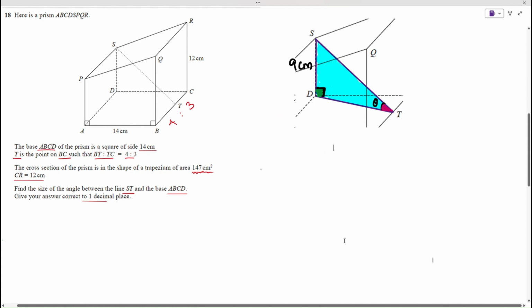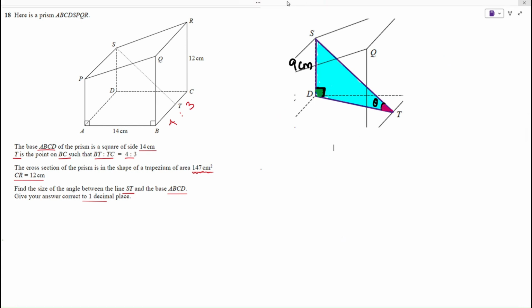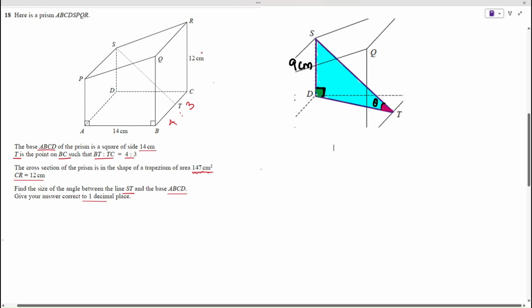So now we are on our final stage of the question where we have to find the angle between ST and our base ABCD. So the angle we have to find, we have labeled theta. And so we have the length of side SD as 9 centimeters. We have the length of DT as 2 root 58 centimeters.